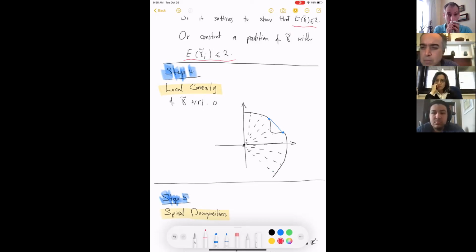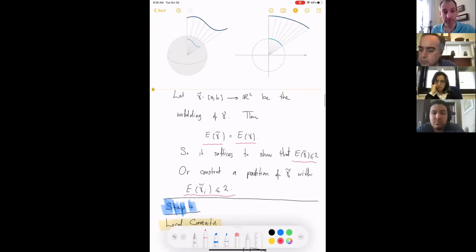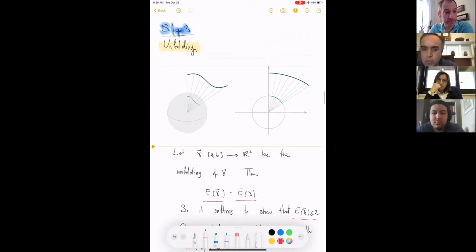Yes? I have a question. It's regarding step 3. You said that the unfolding curve doesn't close up. So what's the constraint here? I mean, what can you say about the unfolding curve?